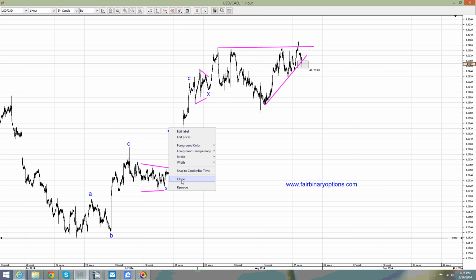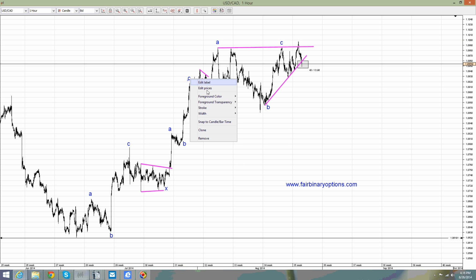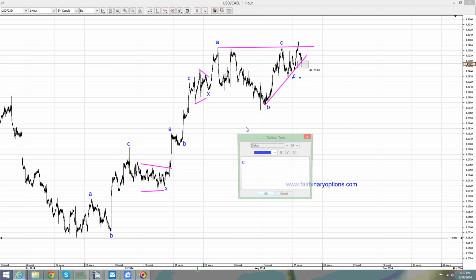The third correction should be called a contracting triangle that is labeled A. And then the B wave to the downside. And then the C wave. A D wave that helps form the B to D trend line.